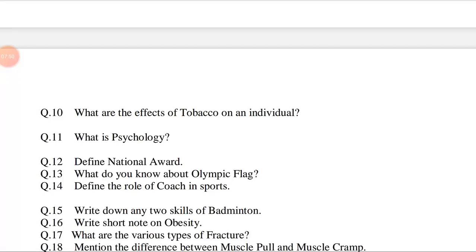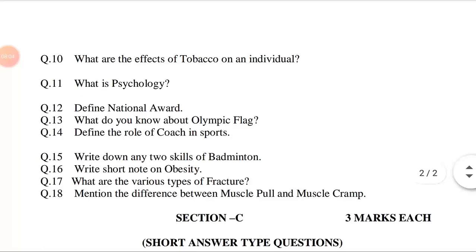Question number 13. What do you know about Olympic flag? This question is related to chapter number 8, Olympic Games. What means asking information for specific something. Know, be aware, realize.